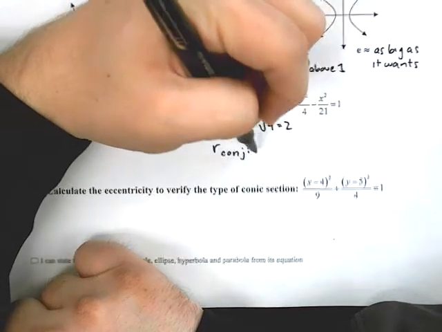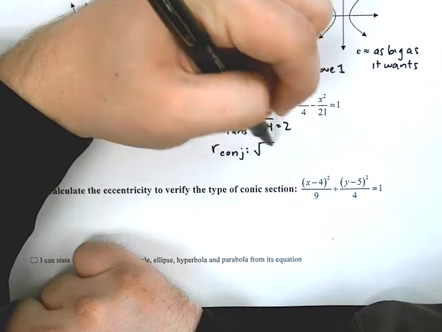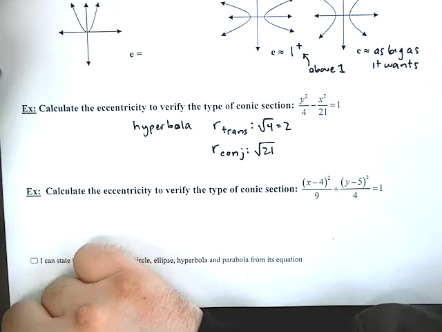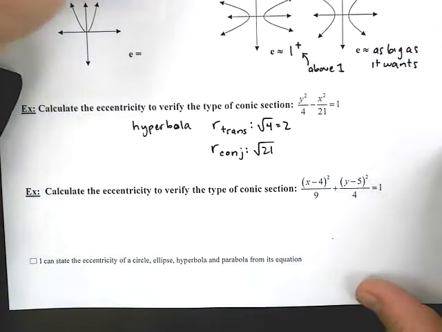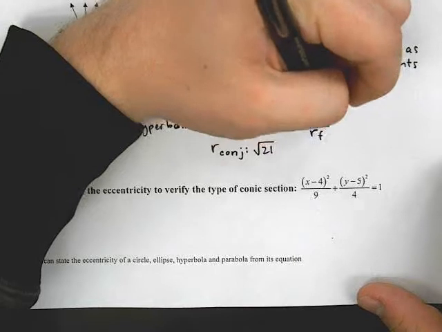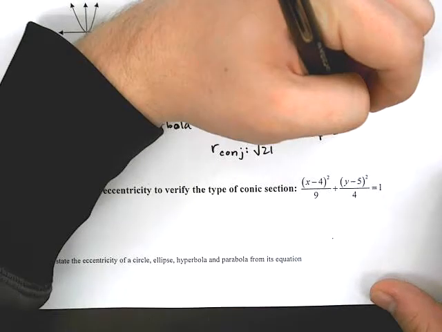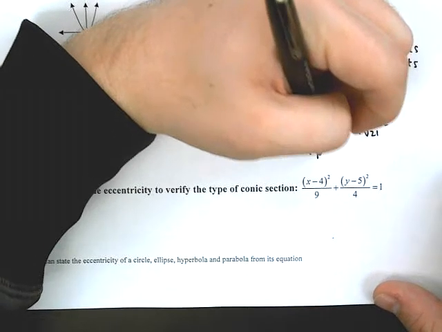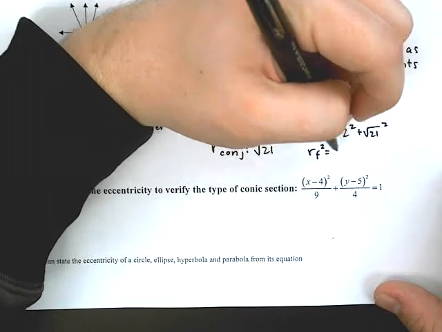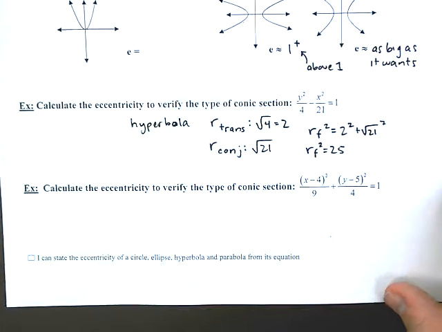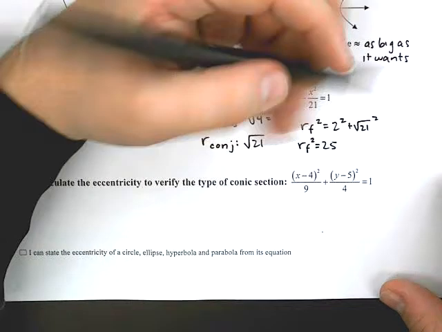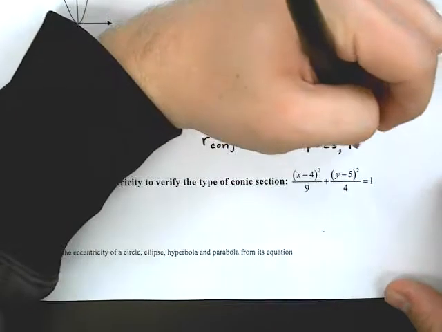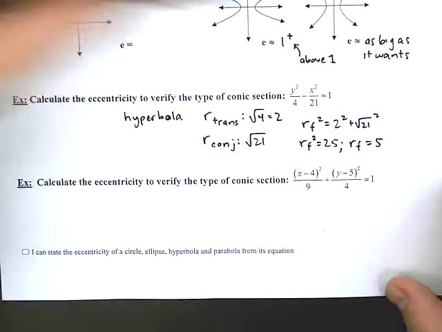This r conjugate should be square root 21. And so r sub f squared is equal to 2 squared plus square root 21 squared, or r sub f squared equals 25. Alright, that's just me squaring everything, which then means r sub f should be 5.